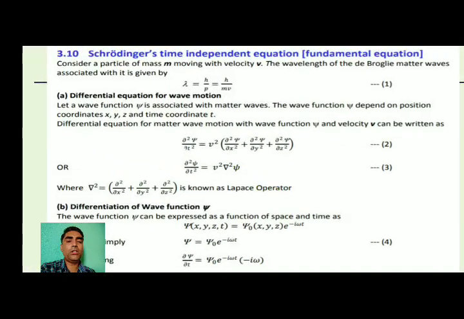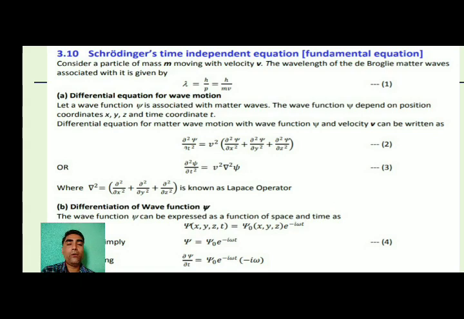To formulate Schrodinger's time independent wave equation, we have to start with de Broglie's hypothesis of matter wave. According to de Broglie's hypothesis, every moving object is always associated with a wave known as matter wave, and the motion of the particle will be guided by this matter wave.